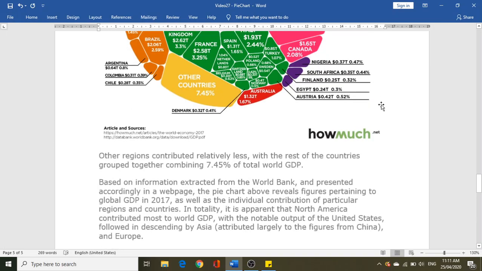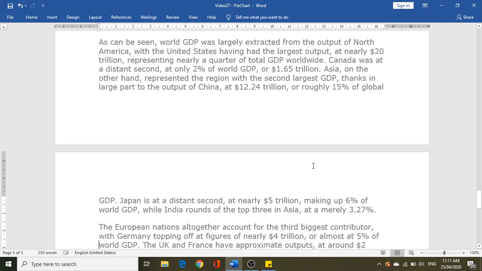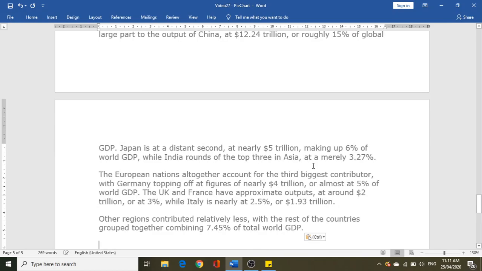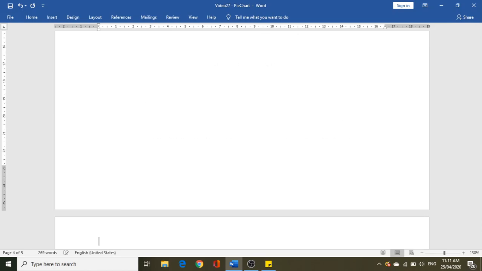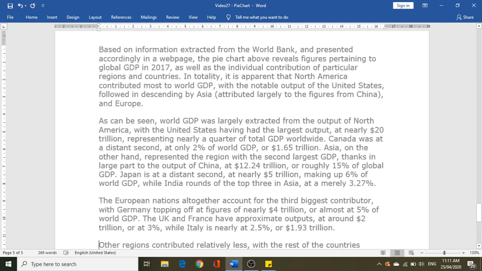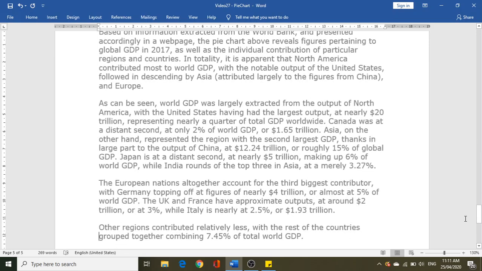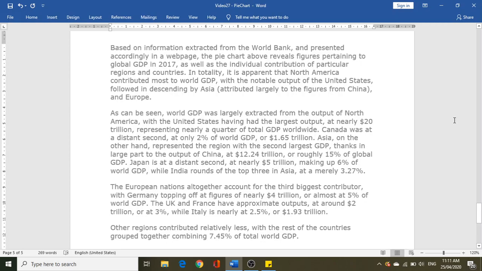And then finally this paragraph describing the relatively low, insignificant figures for other countries. Okay, there, that's good enough at least for a band 7.